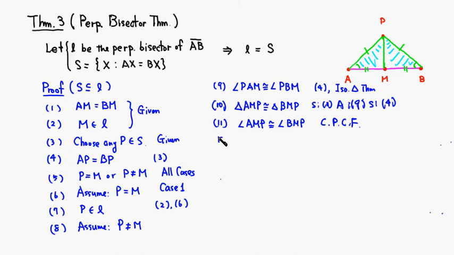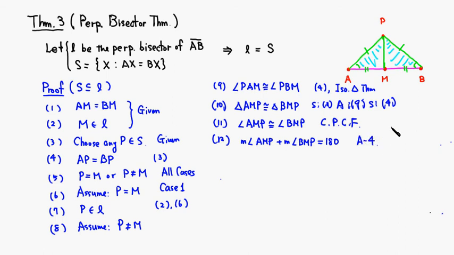And also, these are a linear pair, so we know that the measure of angle AMP plus the measure of angle BMP is equal to 180. So this is a linear pair, so it's using A4.